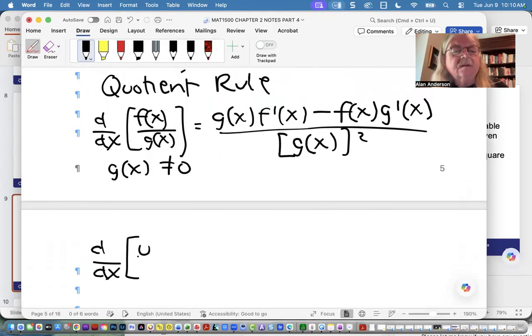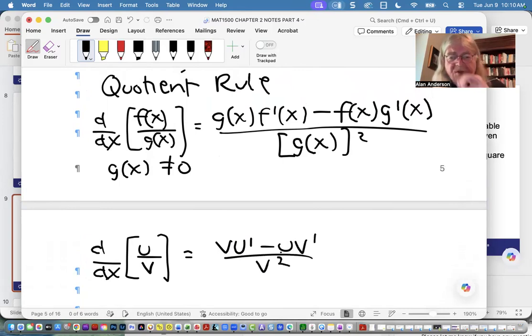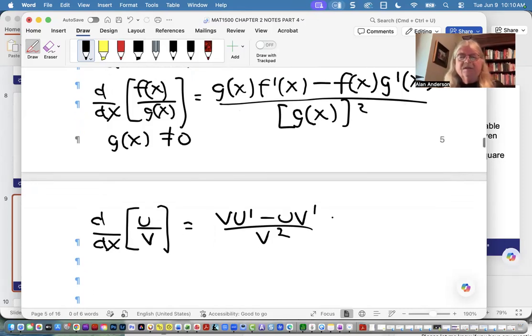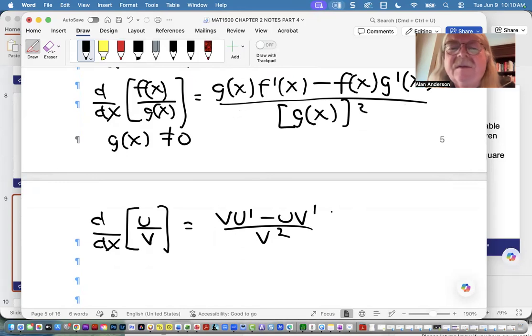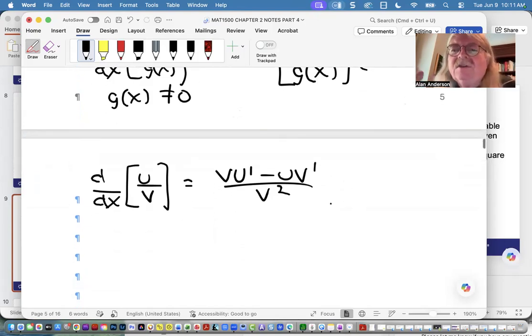Just in case you run across this in the book, this is what they are referring to. It's the same thing. Sometimes it's just more convenient to write it with U's and V's. Plus, probably over the centuries, different mathematicians chose different forms of notation and they just stuck. Okay. It's not like one person invented all of this and decided to use this consistent notation. It just didn't work out that way.